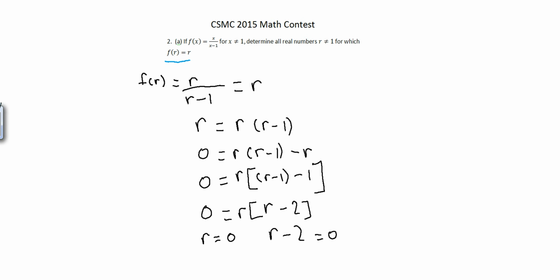And then for the right factor, I'm going to add 2 to both sides to get r equals 2. So we determined all real numbers r does not equal 1 for which f of r equals r, and the solutions are r equals 0 and r equals 2.